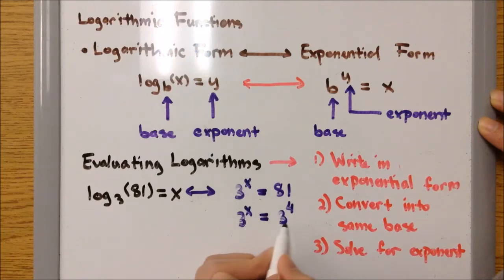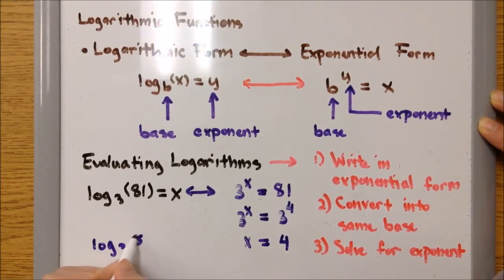Now, once you have the same base on both sides, our last step is to solve for the exponent. If it's the same base on both sides, then all I have to do is bring out the exponents. And there we go. Our exponent is 4. So, log base 3 of 81 equals 4.